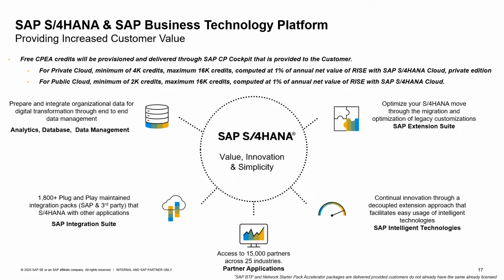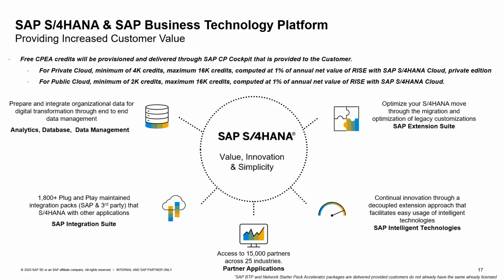So for SAP S/4HANA Private Cloud, there's a minimum of 4,000 euro credits and a maximum of 16K euro credits, computed at 1% of annual net value of the RISE with SAP S/4HANA Cloud Private Edition.